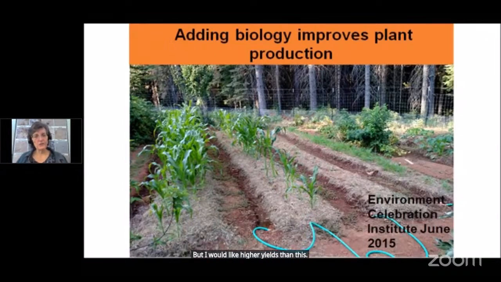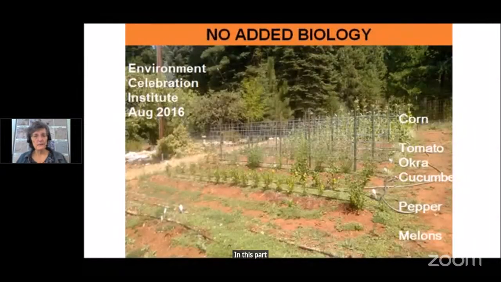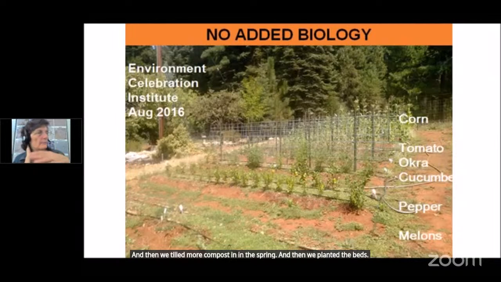So the next year, in this part of our property, we tilled the compost in the fall. And then we tilled more compost in the spring. And then we planted the beds. And so I should say the compost was put in on the plus biology side.